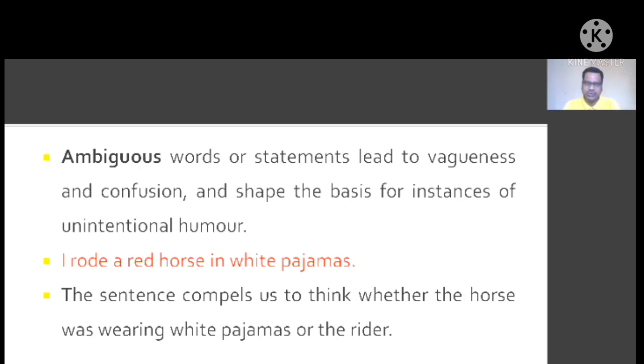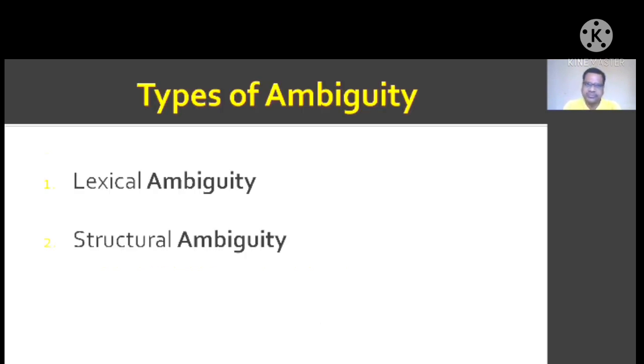And that leads to humor, that leads to ambiguity, that leads to vagueness and confusion as far as the understanding of a sentence or an expression or a word is concerned. In English, we have two types of ambiguities. One is lexical ambiguity, and the second one is structural ambiguity.